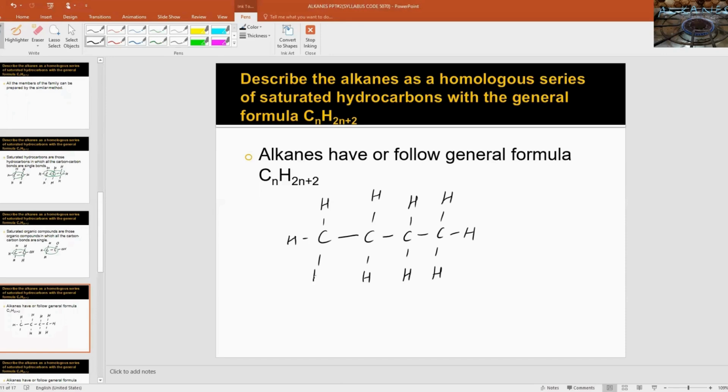You see, it contains only carbon-carbon single covalent bonds.